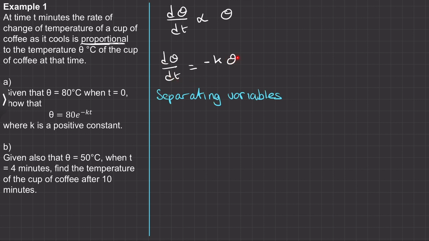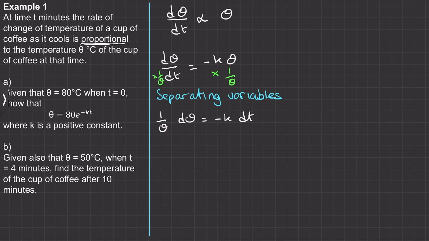So I'm going to move this theta to the left-hand side by multiplying both sides by 1 over theta, and I'm going to move this dt to the right-hand side by multiplying both sides by dt. So now we have 1 over theta d theta is equal to minus k dt.